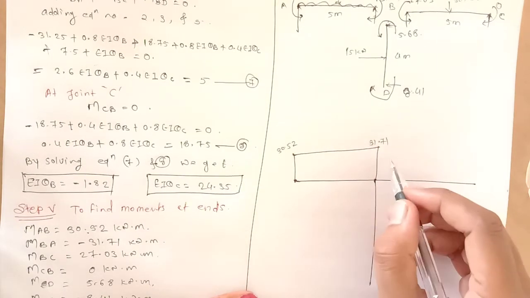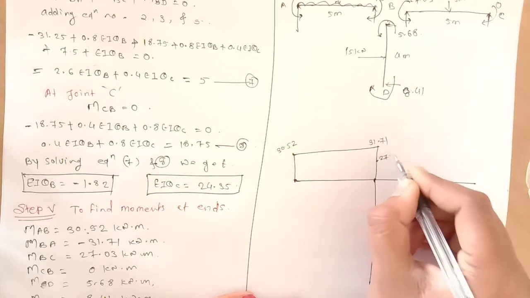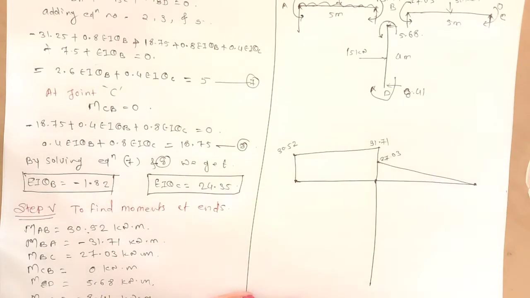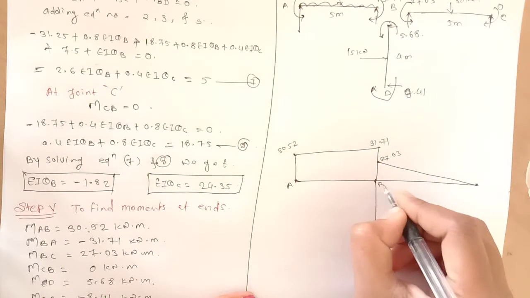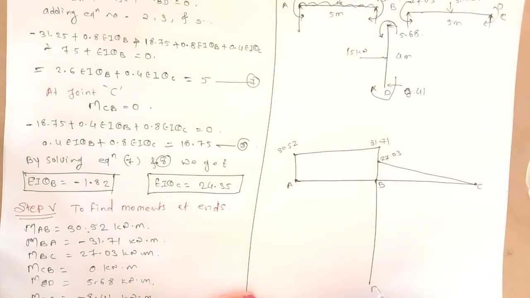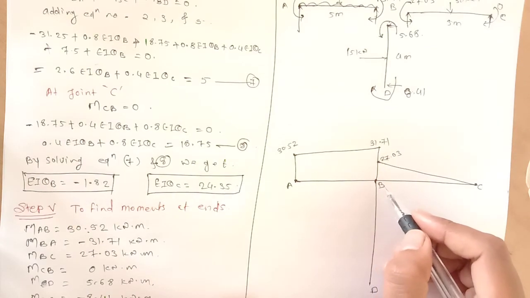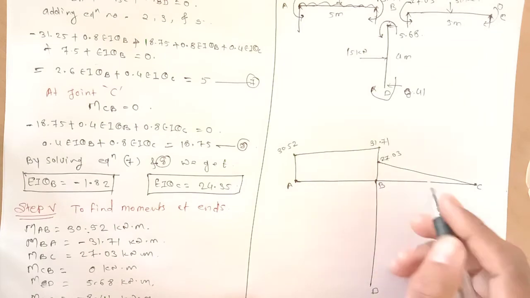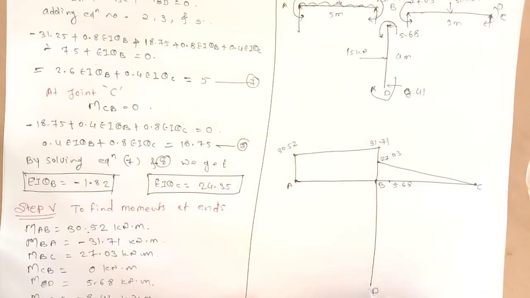Then the end moment at member BC is 27.03 and at point C it is 0. After that, this is point A, point B, C and last is point D. Next, the end moment at member BD is 5.68 and DB is 8.41.